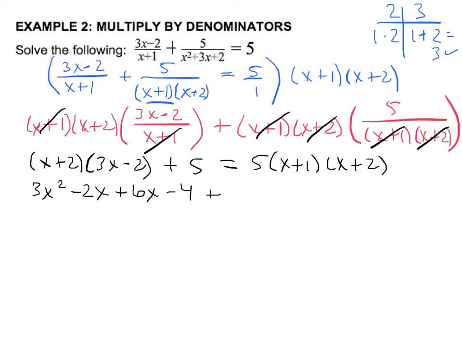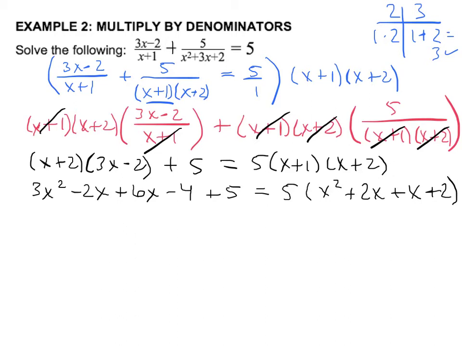We're still adding 5 from our second part, and then on the right side, we're going to have the distribution of the 5 happen last, and instead we're going to FOIL our two binomial terms to get x squared from the first terms plus 2x plus x plus 2 from the last. So this is just a review of the method of FOIL that we've used previously. If you need help with that, just go back to review your notes on how to FOIL.